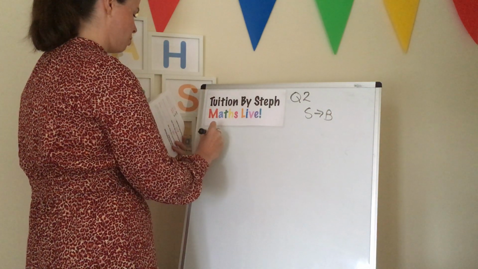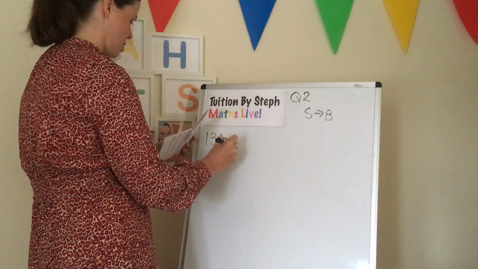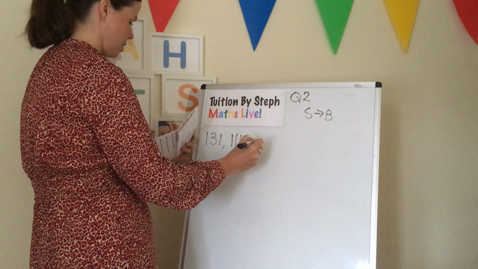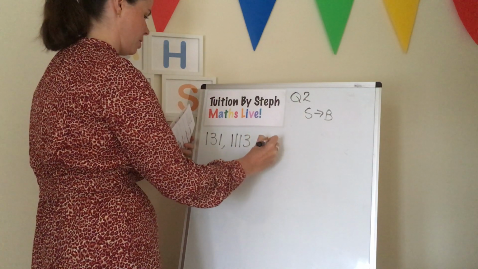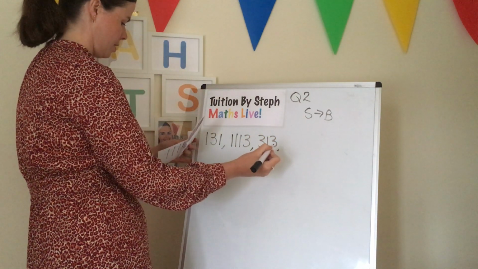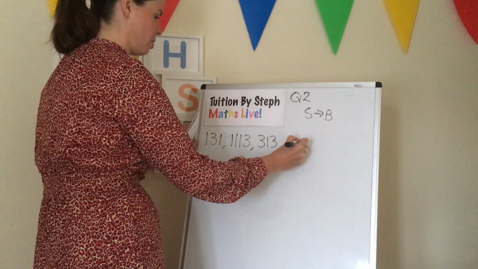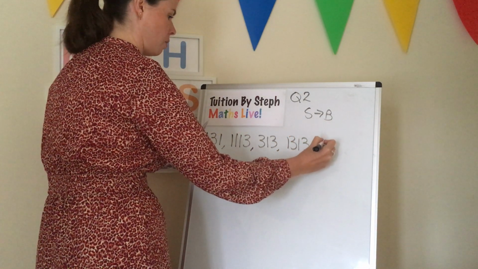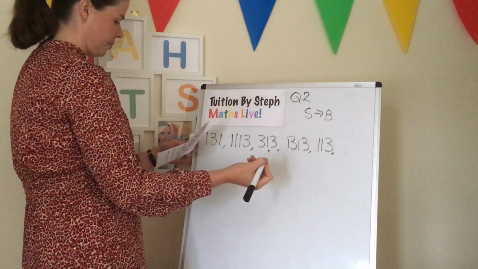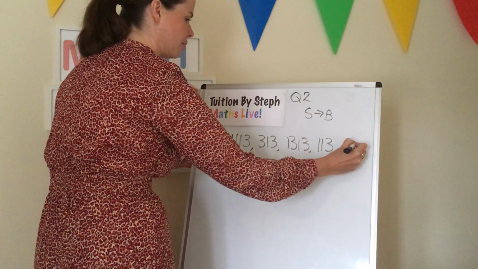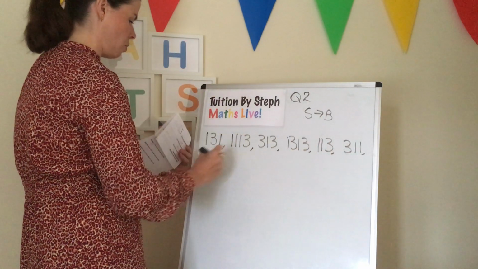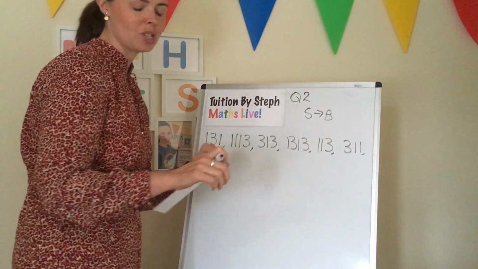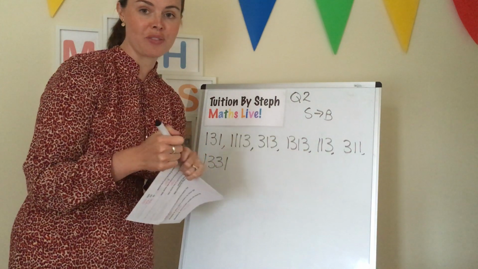We've got 131, we've got 1,113, 330, 1,313, 113, 311, and last of all we've got 1,331. Lots of ones and lots of threes. Pause now if you want to have a go.